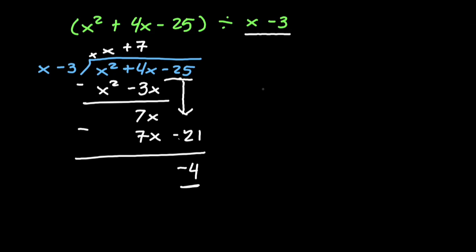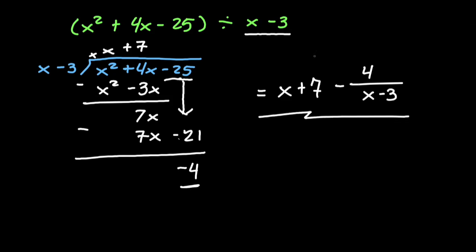So now the final answer would be x plus 7. And since this is negative 4, it would be negative 4 over x minus 3. Put the remainder over the denominator whenever you have a remainder.